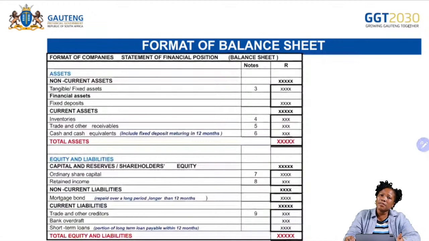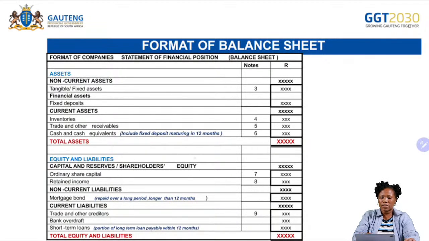When you look at the balance sheet format, you will see that there are 2 broad categories. Your assets on top, and the composition of your assets will always be your non-current assets and also your current assets. And then that will give you the total assets.